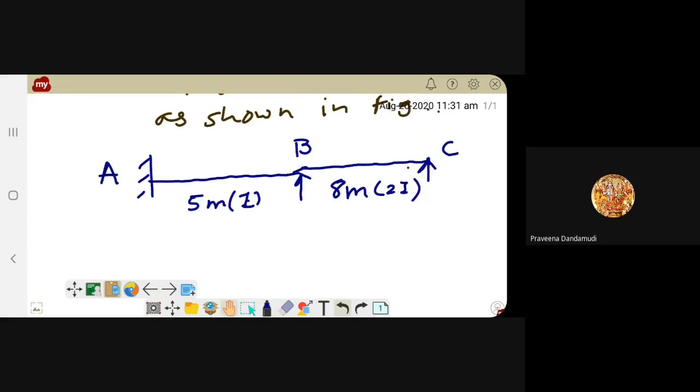For this, we need to find out the flexibility coefficients.